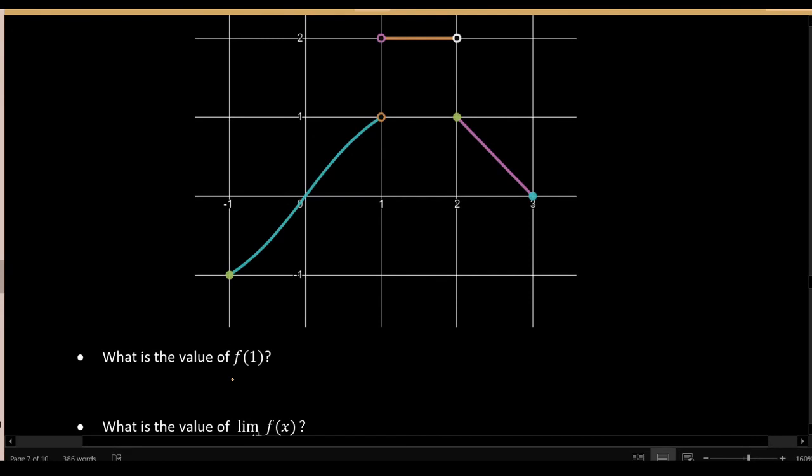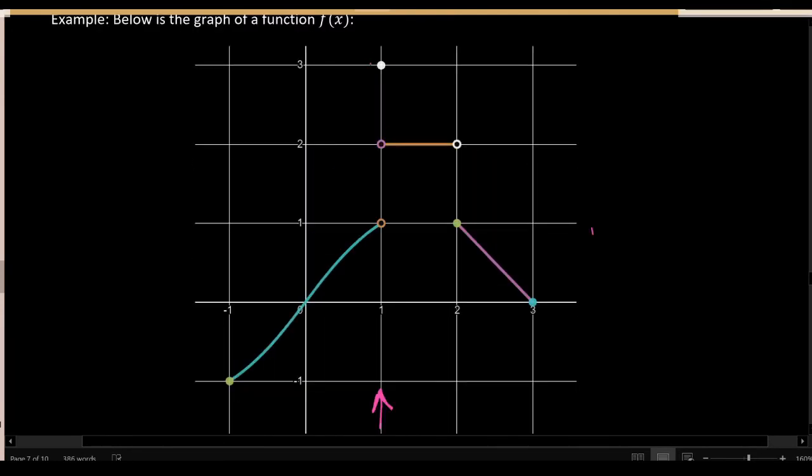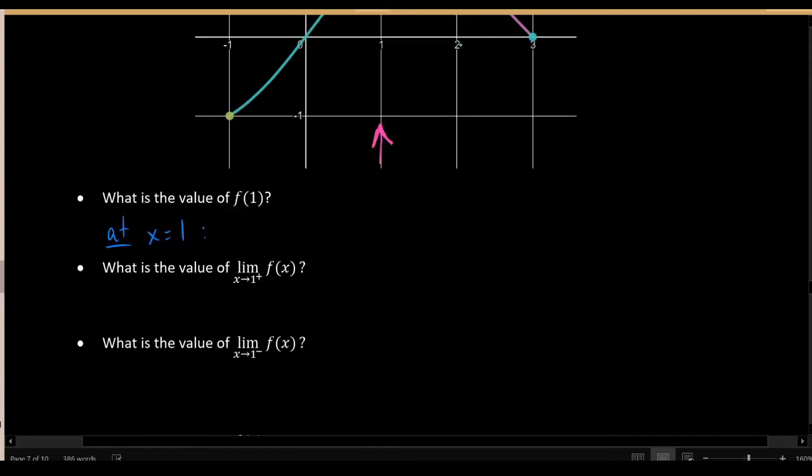Someone says to me, what is f of 1? We are at x equals 1, and the point on the graph that corresponds to being at x equals 1 has a height of 3. So the value of f of 1, the y value at x equals 1, is 3 units.